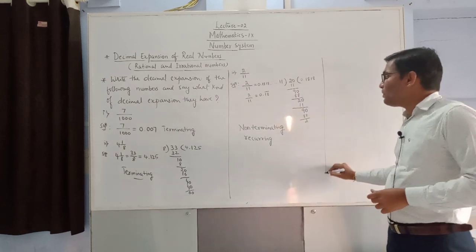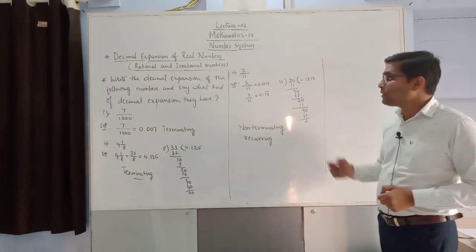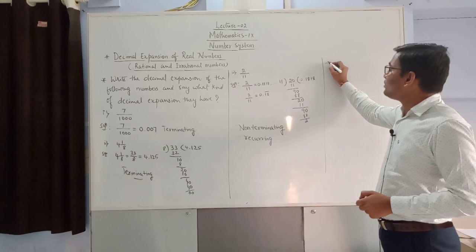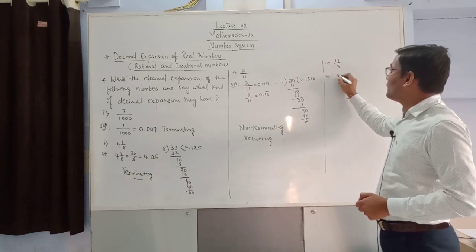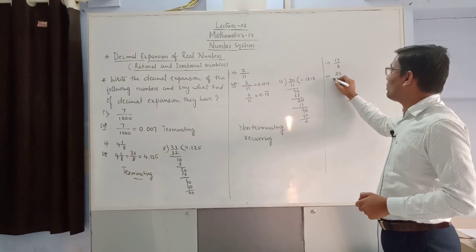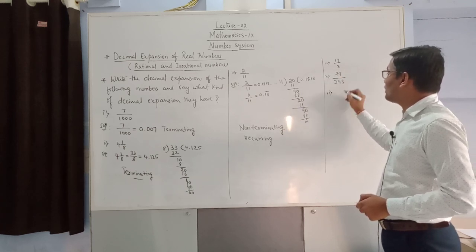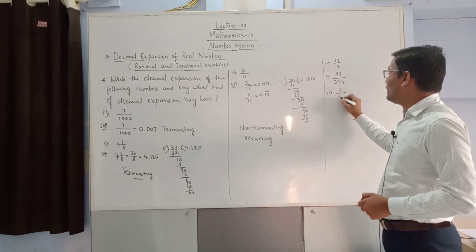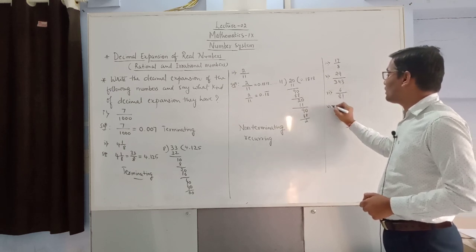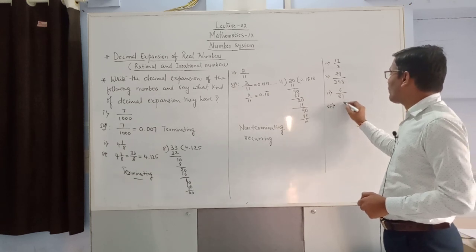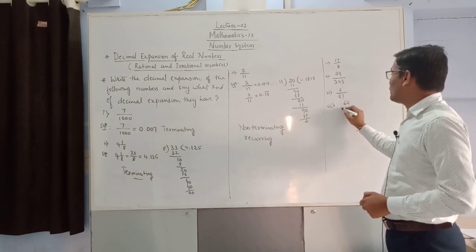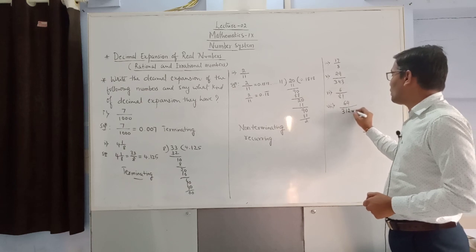Now we will have some more problems: 17 by 8, the fifth one, 29 by 343, the sixth one, 6 by 81, the seventh one, 64 divided by 3125.